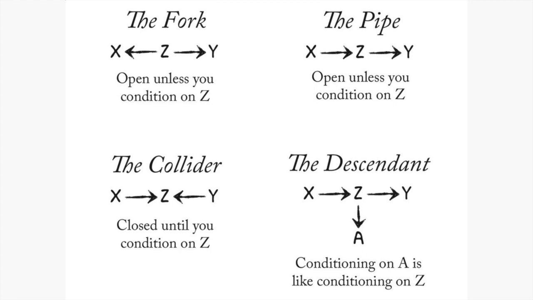In the same idea, we can think about, well, maybe we have a pipe. So we have age as the z variable. We want to understand the relationship between x and y, exercise and health. So we can think, well, the fork does make sense. Maybe age is causing both. And if so, then we need to control for it. But we also can ask, does it match the pipe?